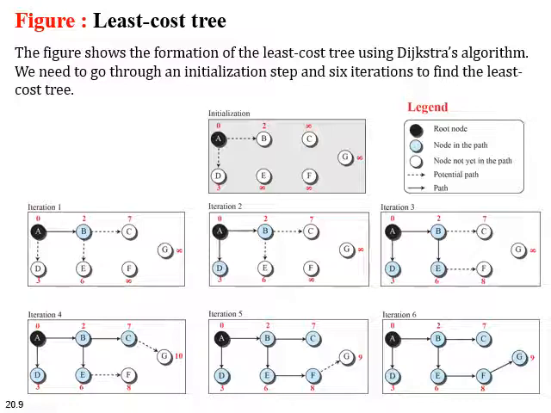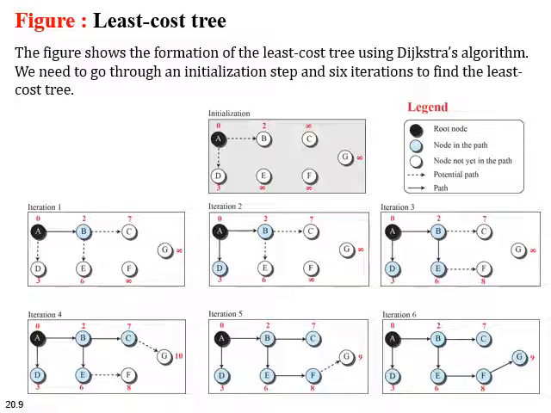So this is how the root node A is now able to reach all the nodes of the given graph. These are the various paths that will be selected, and the link state database will be created or generated like this.